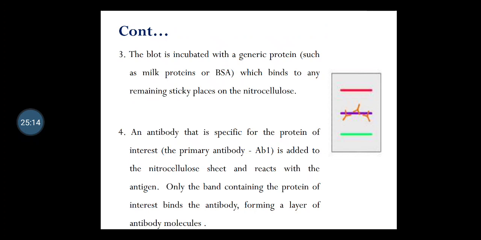In the next step, the blot is incubated with a generic protein such as milk protein or BSA, which binds to any remaining sticky places on the nitrocellulose, where you can see that the generic protein binds to the nitrocellulose. An antibody that is specific for the protein of interest, that is the primary antibody AB1, is added to the nitrocellulose sheet and reacts with the antigen.